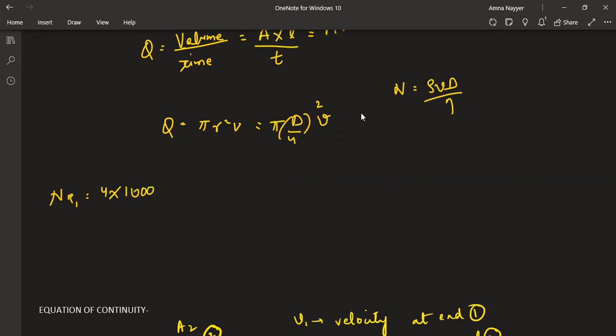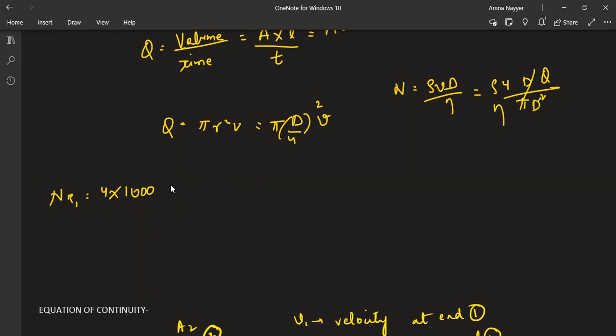Why 4? See class, you can write this as rho. Here you have pi d by 4 whole square, so put it that way only. So that 4 will come up, 4 by pi d square. Here 1 d you have, Q by eta from the previous formula. d d will get cancelled from here.